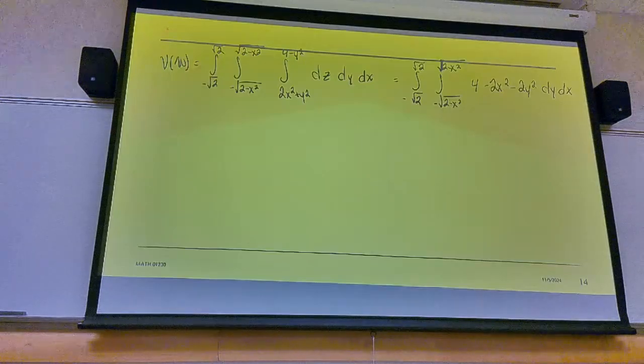How do you want to evaluate that? From 0 to square root of 2 minus x squared, and then multiply that by 2. I'm not gonna do it.